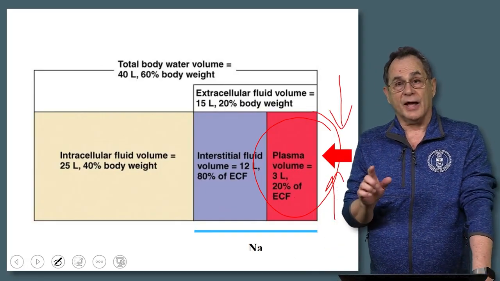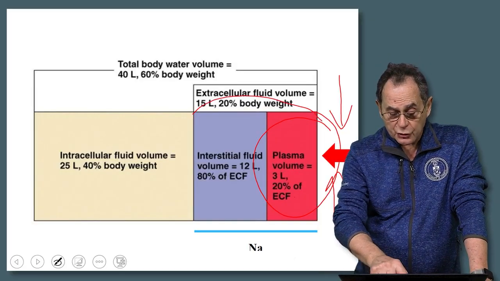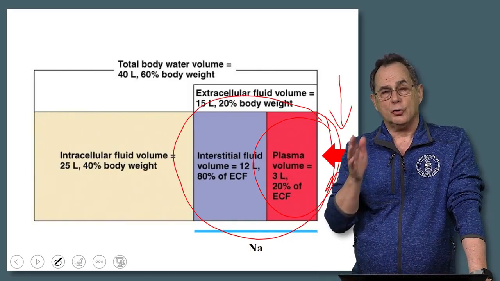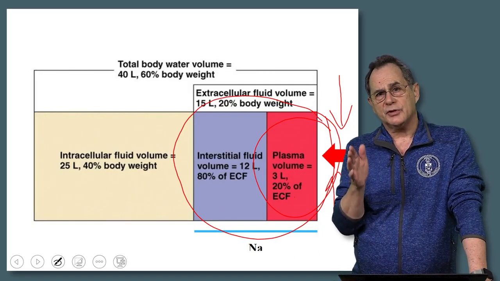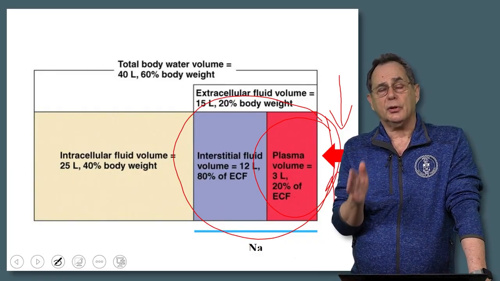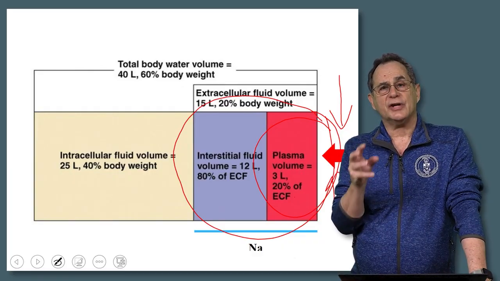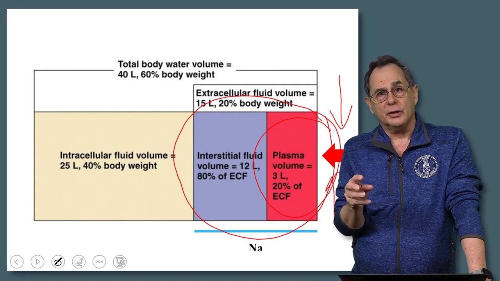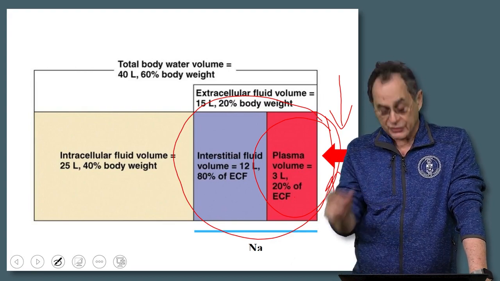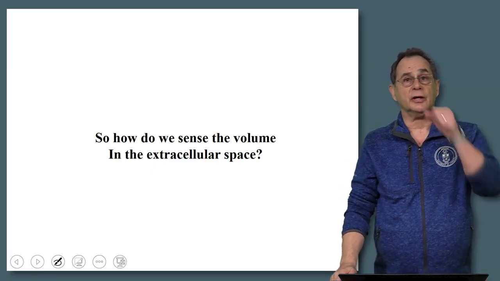The reason that's important is, of course, these are the sodium-containing body fluid compartments. So in order to sense a sodium deficit, we have physiologic responses in place that allow us to gauge the volume in the vascular or plasma compartment and then signal to the kidney.